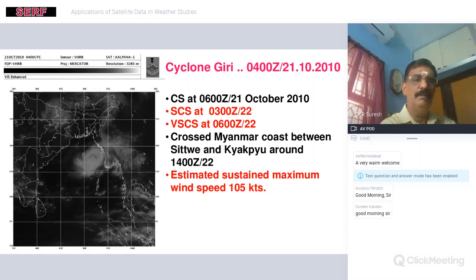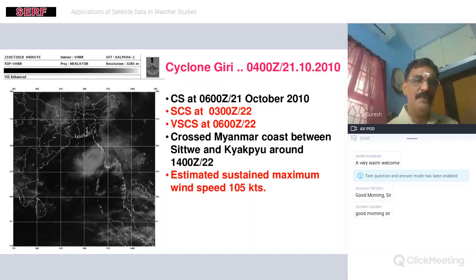This particular image is very much useful for identifying the cyclone fury, etc. And to my knowledge and belief, this cyclone had a cyclone intensity number of 5.5, and it crossed the Myanmar coast and caused a lot of havoc and damage because of a highly sustained wind speed of 105 knots, maximum sustained wind speed.